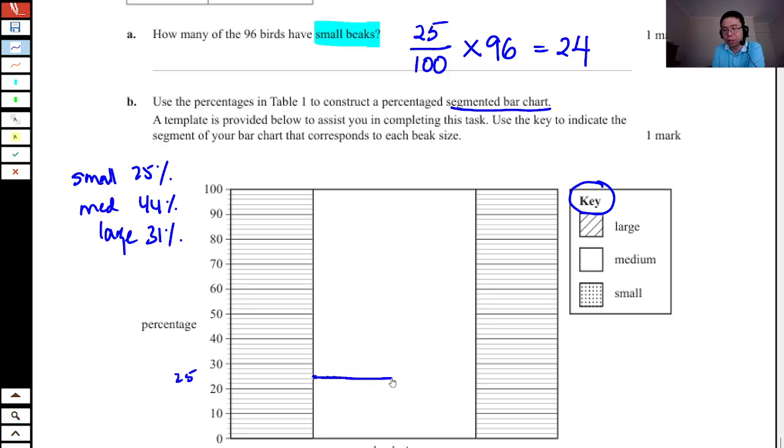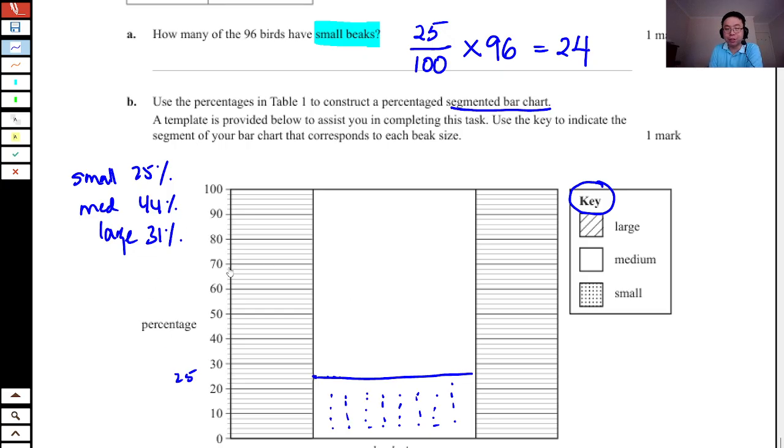We'll do a solid line here. And the pattern is dotted, so I need to put some dots in here. And I'll get rid of the ones in between so that it's consistent. Okay. Now, for the medium group, I want to go from the 25th percentile plus another 44%.